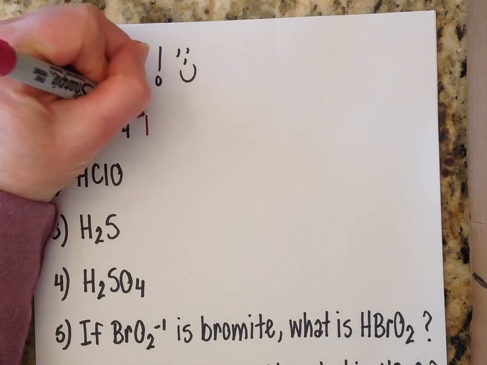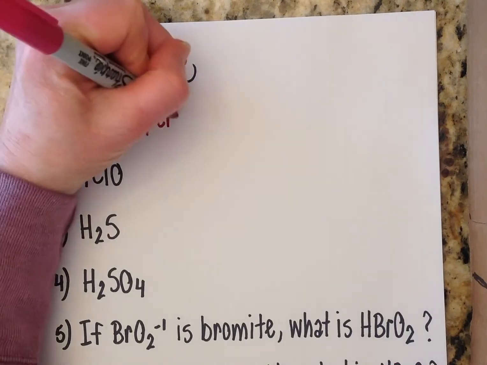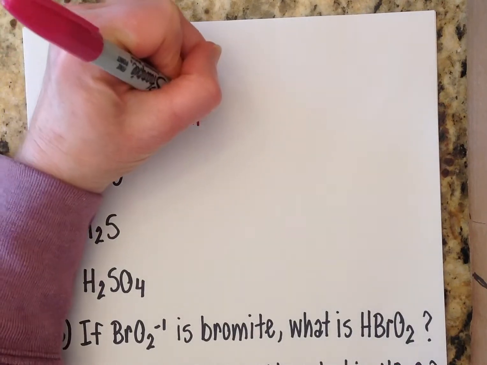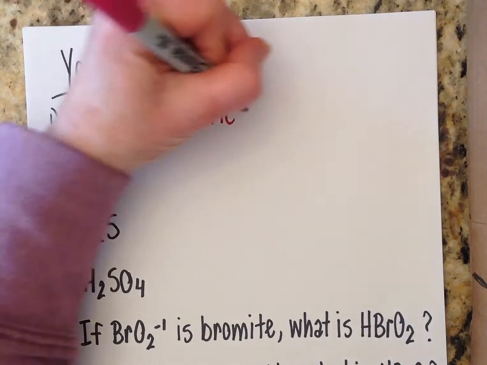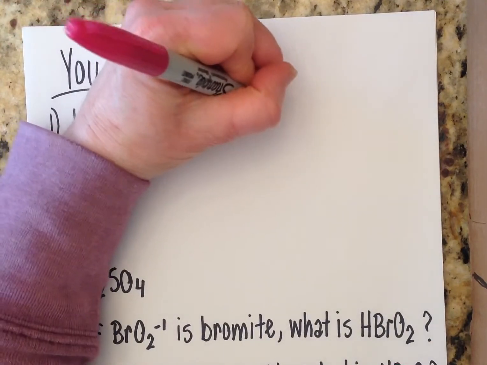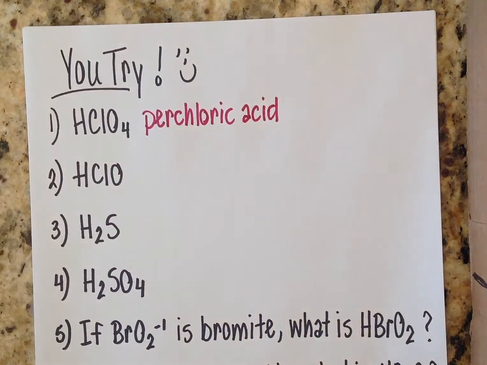So this is perchloric acid. Because it has a polyatomic ion, there is not a hydro in front. Very important to remember, because number 2 is a little tricky, and that's why I put these side by side, because I wanted you to see the difference.